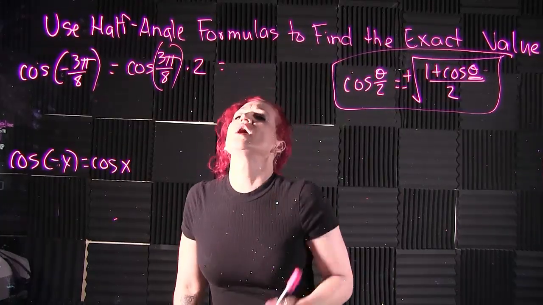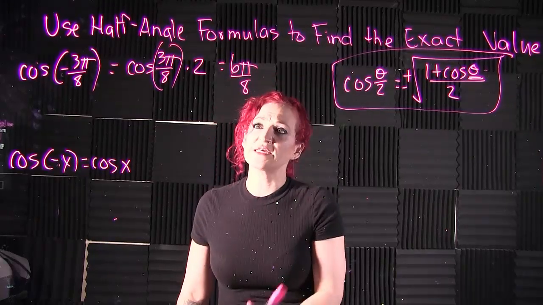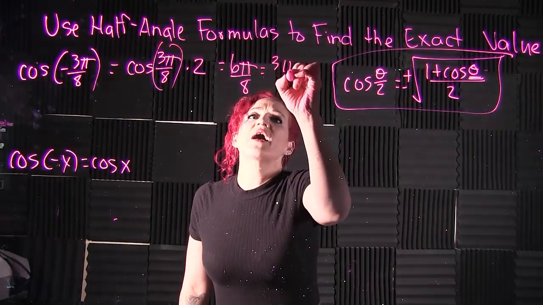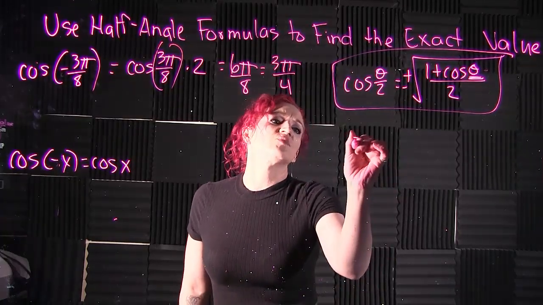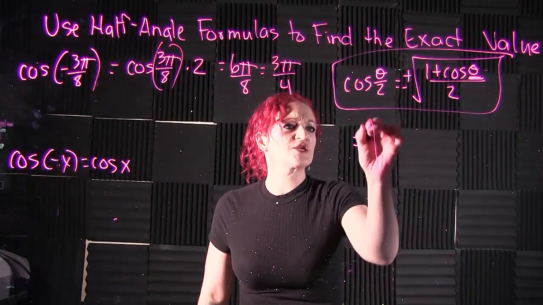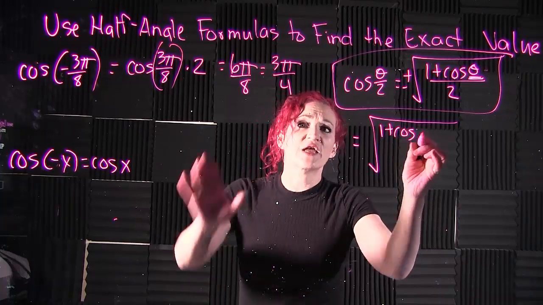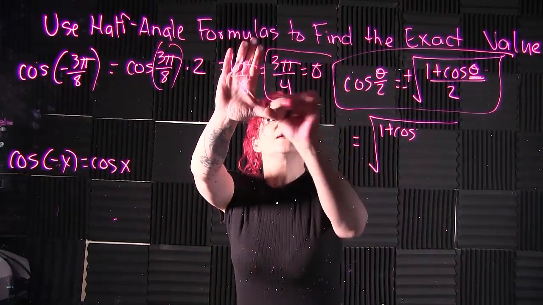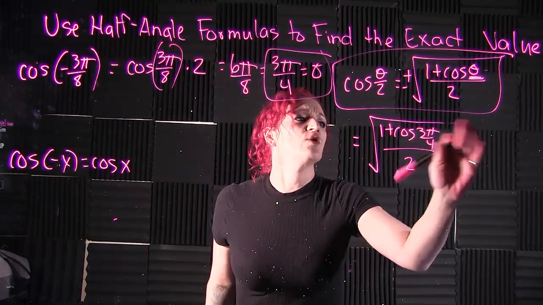When we calculate this, we get 6 pi over 8, which simplifies to 3 pi over 4. So when we plug into our formula, using the positive representation, that is the square root of 1 plus cosine theta, where our theta is 3 pi over 4, and then that will be over 2.